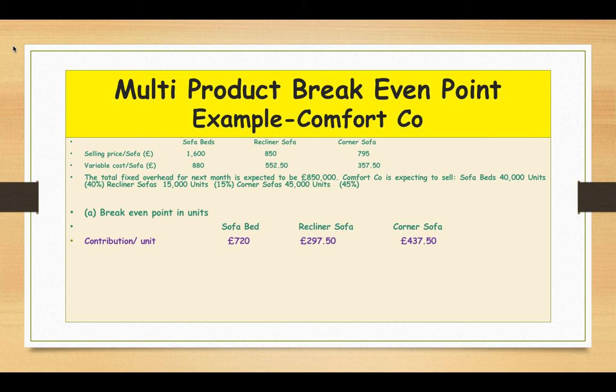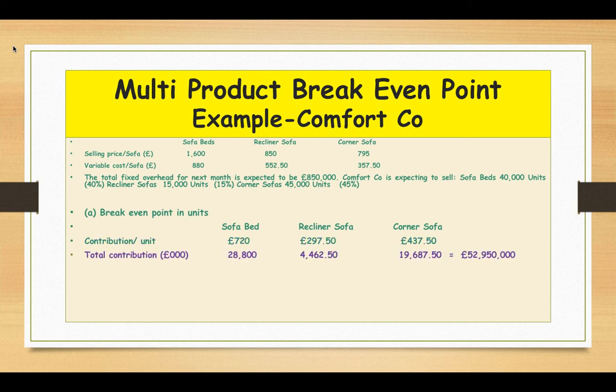Contribution per unit, we all know, is selling price take away the variable cost per unit. So the contribution per unit for the sofa bed is £720, the recliner sofa is £297.5, and the corner sofa is £437.5, which is the individual contribution per unit.